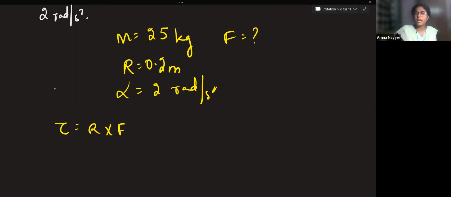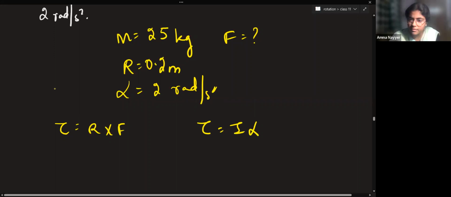But right now we have discussed that torque can be written, instead of mass into acceleration, as moment of inertia into angular acceleration. Just now remember we had seen I alpha. Instead of MA, it can be written as I alpha.